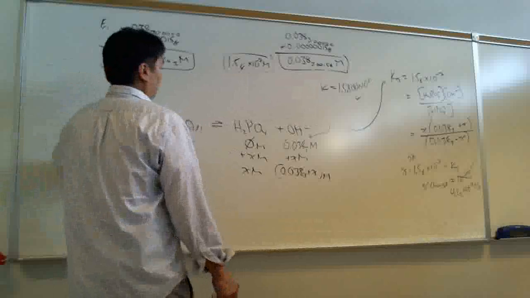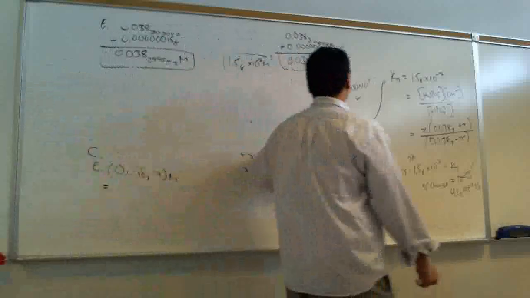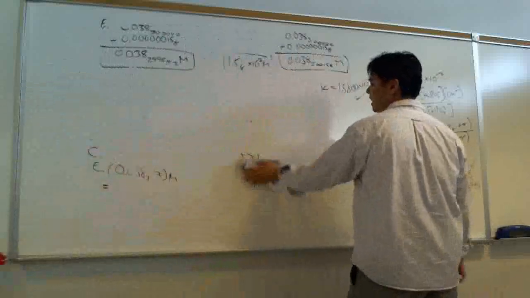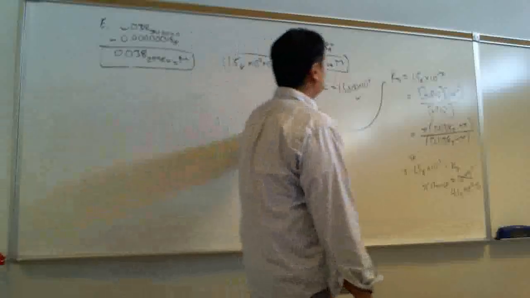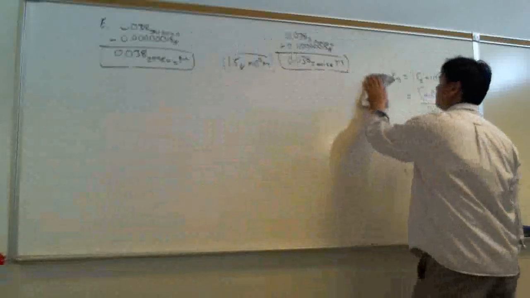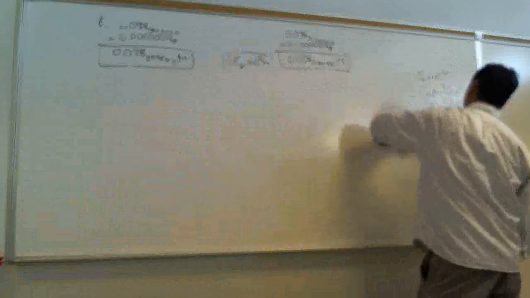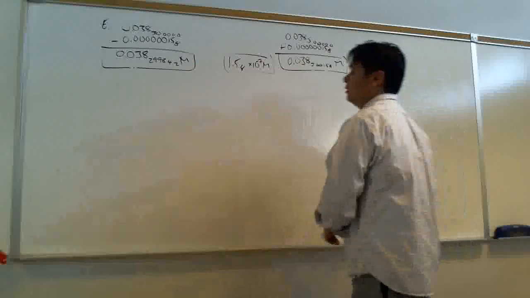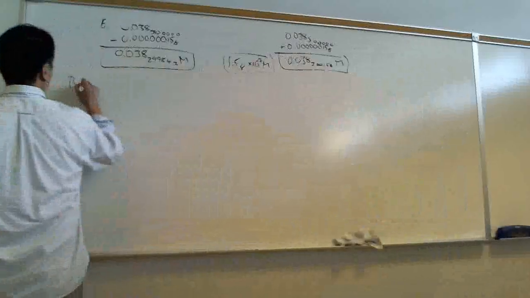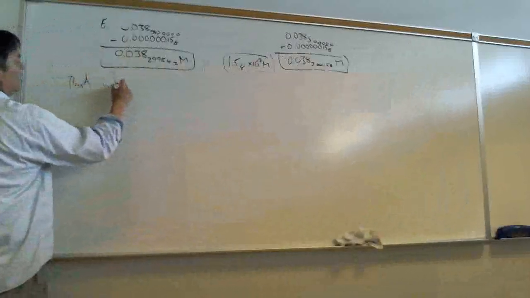But what about the other collision? What was the other collision for monohydrogen phosphate? So let's take a look at the other collision. What about the Ka collision?